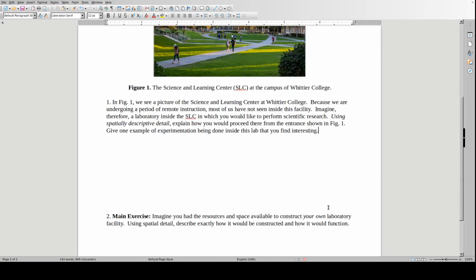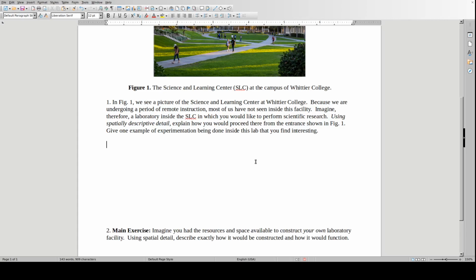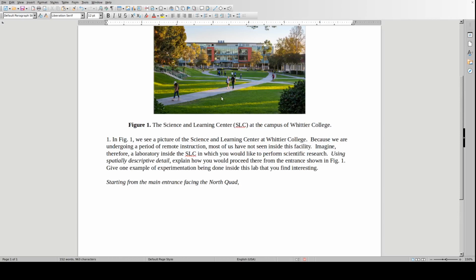So I will give you example writing and then I will outline the main exercise of this activity. So first of all, I'll explain how to arrive at my personal laboratory within the Science and Learning Center. So we could say something like starting from the main entrance facing the north quad, which is the green grassy area you see pictured in front of you.